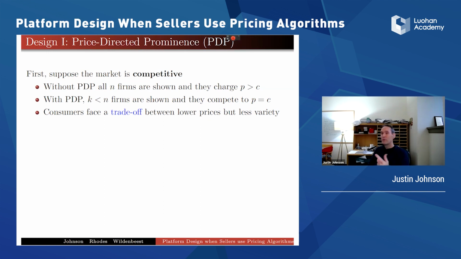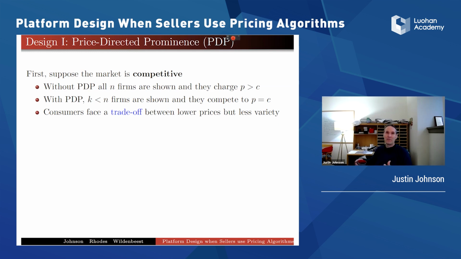Once the platform implements price-directed prominence with only K firms being shown, then each firm faces a tough situation. It says, look, if I'm not one of the K lowest price firms, I'm not going to get shown to consumers at all. And so I won't get any sales today. And so intuitively, what's going to happen is the firms are going to compete to be one of the K firms that are shown. And that's going to lead them in equilibrium to all charge marginal cost.